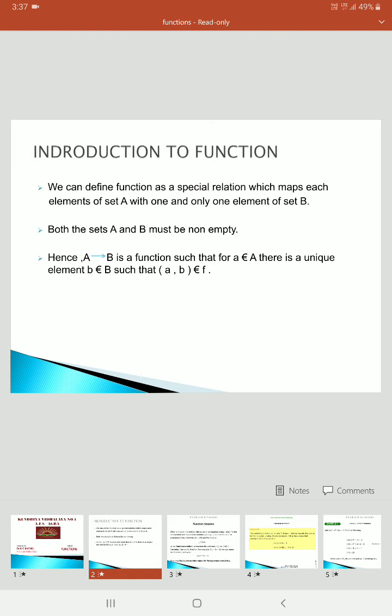Therefore, f: A to B is a function such that for a belongs to A, there is a unique element b belongs to B, such that (a, b) belongs to f.